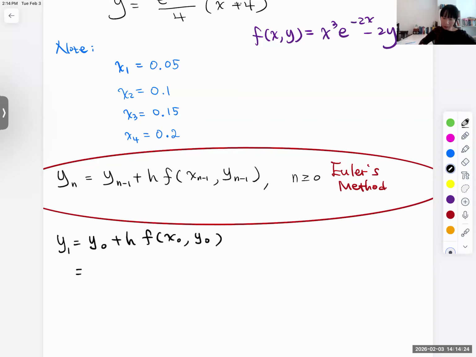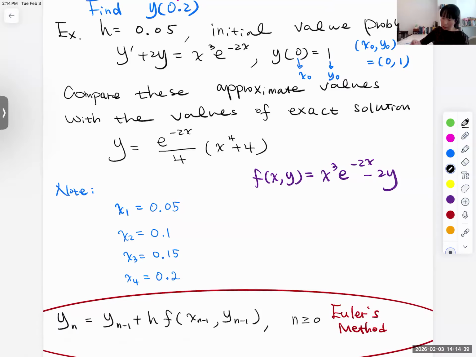So y naught equals 1, because we had the initial x naught, y naught, which is 0 and 1, right?